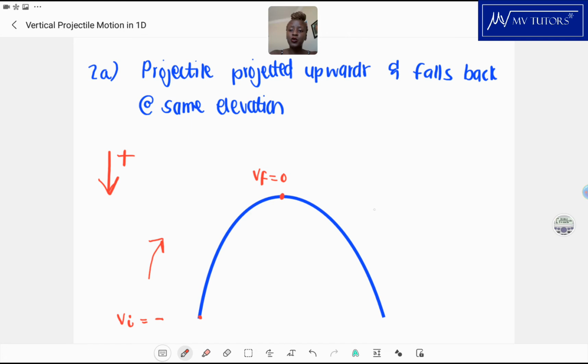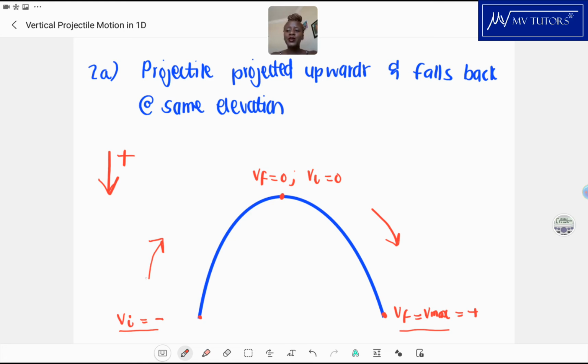Then for your downward motion, you have your initial velocity as 0, and when it comes down here, it'll be your final velocity, which is your maximum velocity, and that will be a positive value. One thing to note is that this initial velocity will be the same as this final velocity. The only difference is the signs involved.